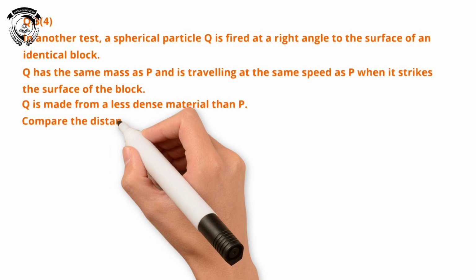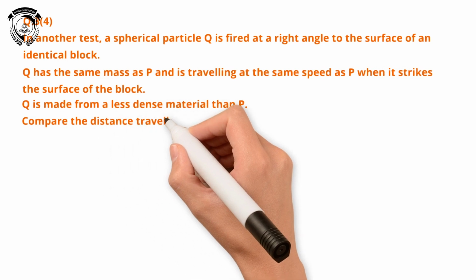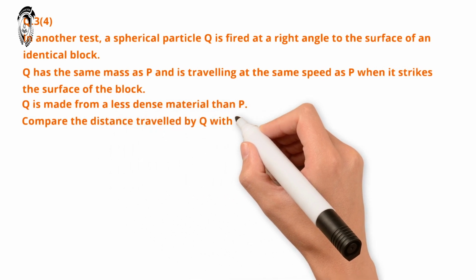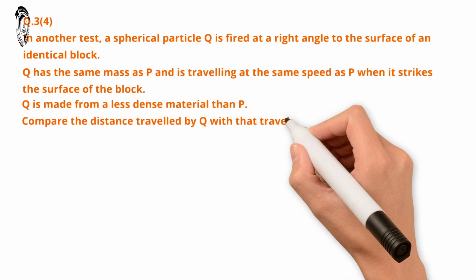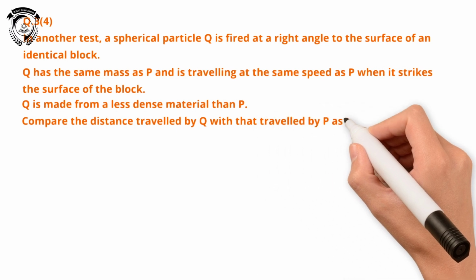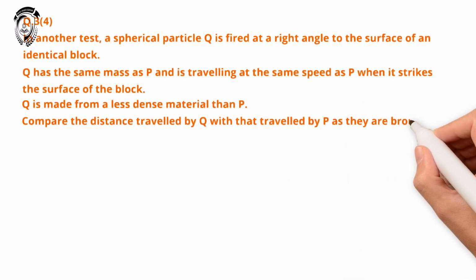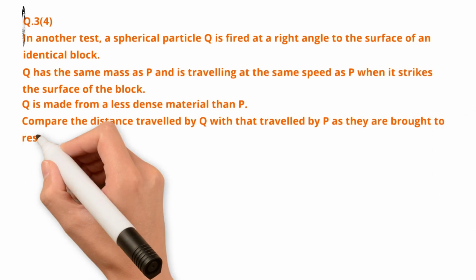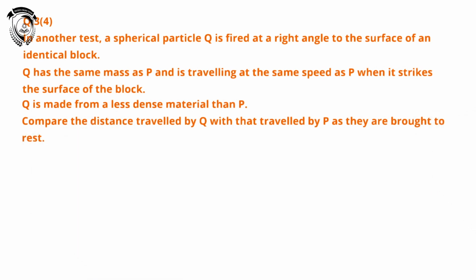More air resistance means it will travel slower compared to the other particle, which is P. So the distance traveled by particle Q will be shorter as it will experience more air resistance.